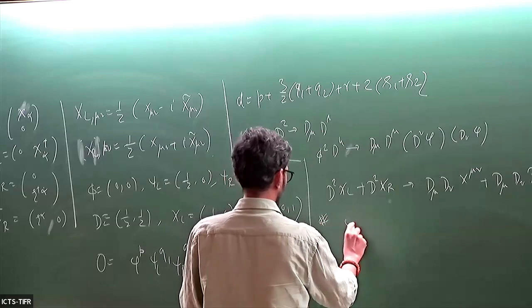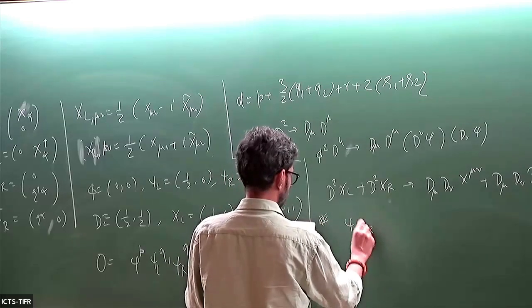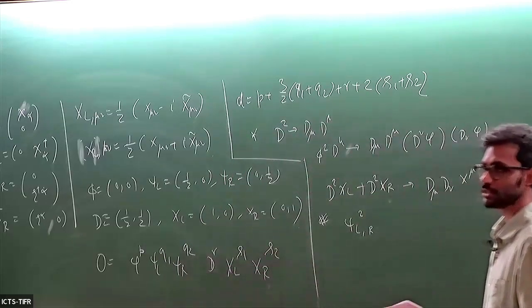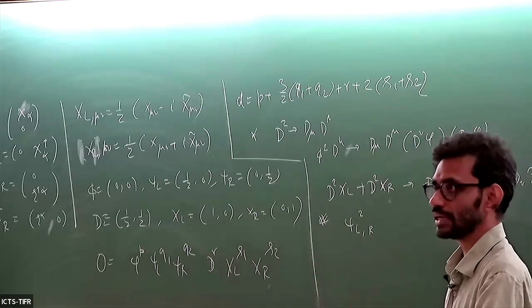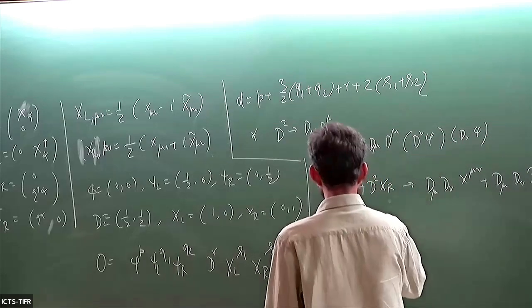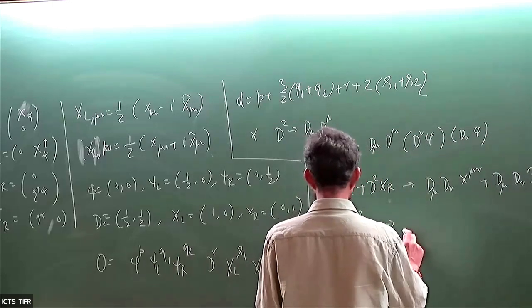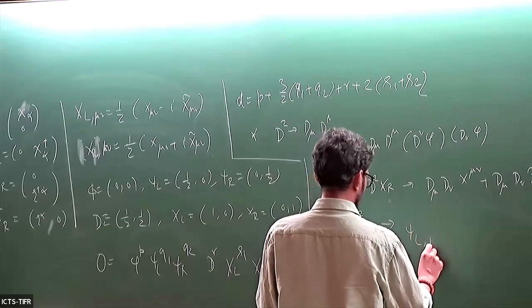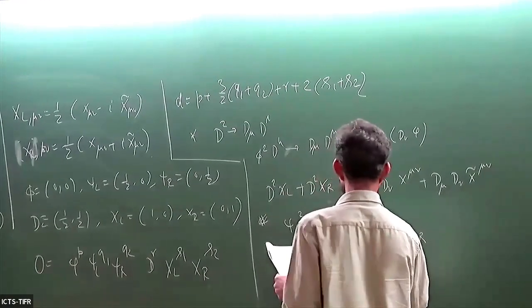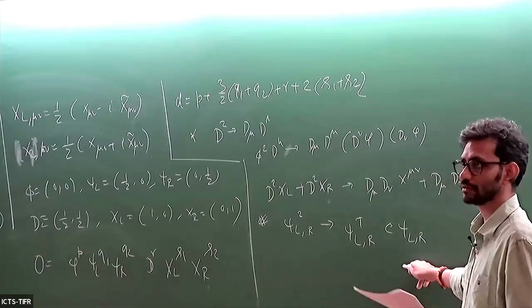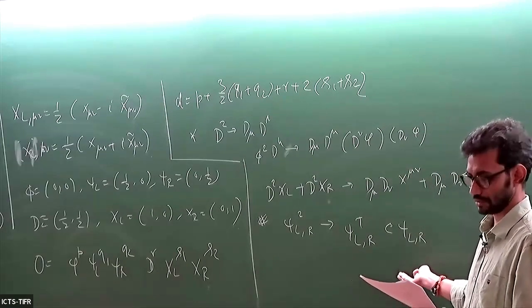If you have a term, for example, because you are working on a Weyl basis, what kind of terms will you get in a bilinear? Psi l square, psi r square, right? Now, how do you write them down? Either you can write psi l transpose C psi l or psi r transpose C psi r, right?